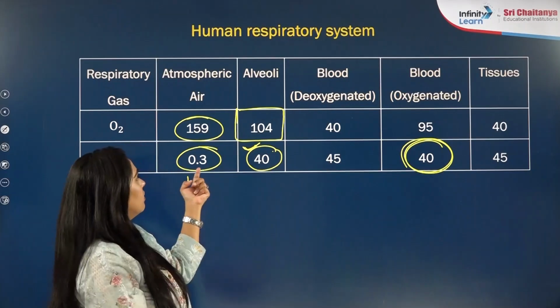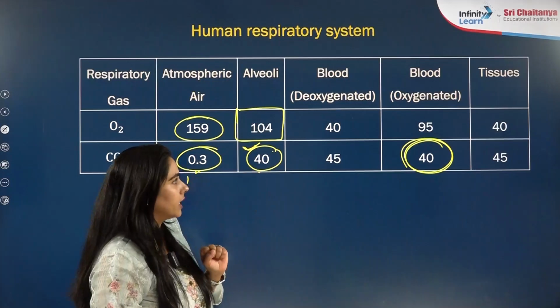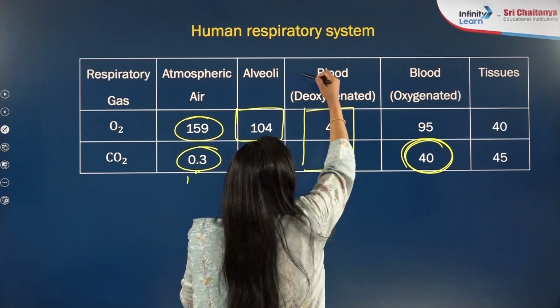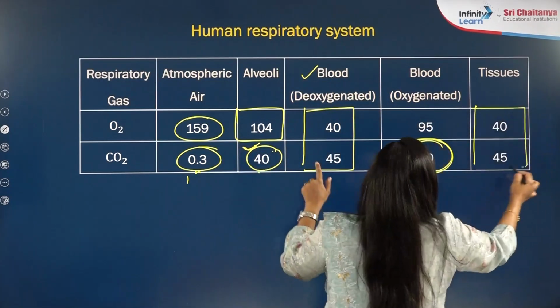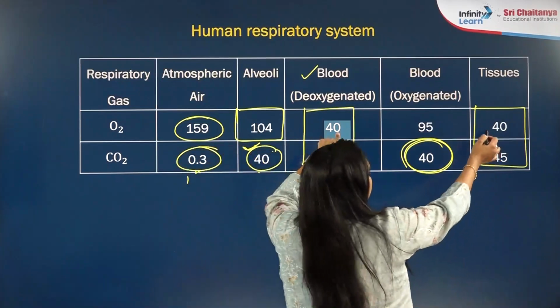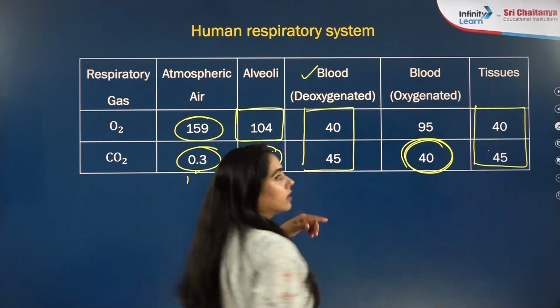Otherwise, the lowest value will be 0.3. But in the body, lowest value is 40. Then, whatever is the value of PO2 and PCO2 in the deoxygenated blood, that will be same in the tissues. Can you see here? PO2 is 40 here, it is also 40 here. PCO2 is 45 here, it is 45 here, right?